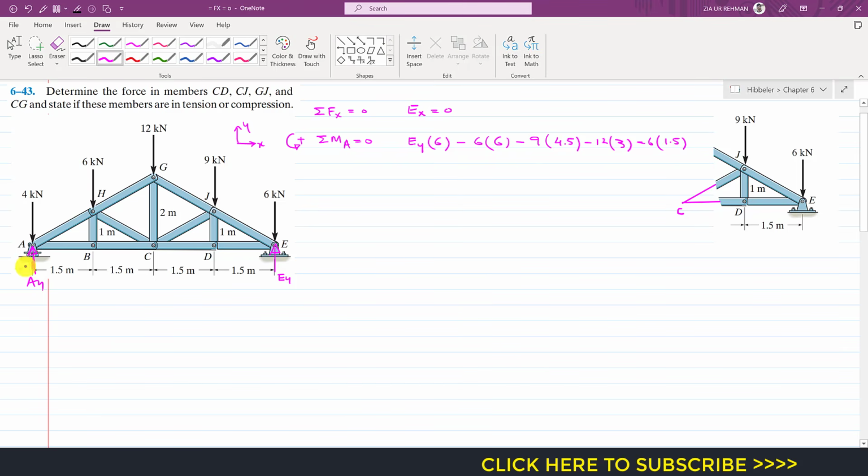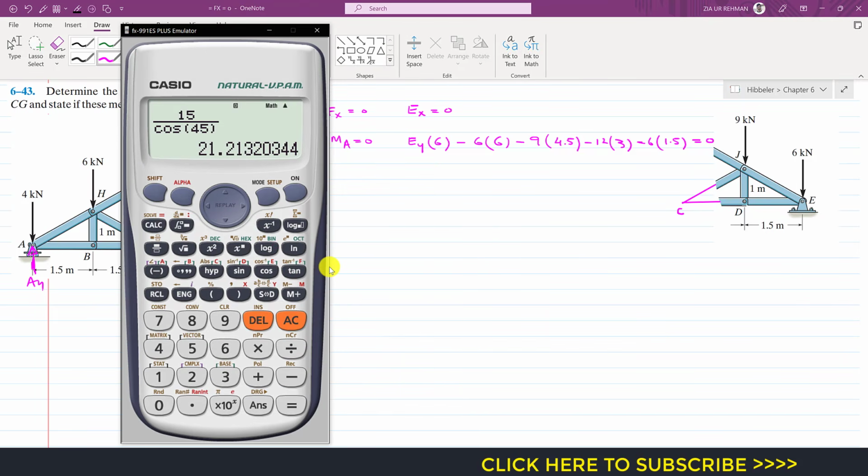And this 4 kilonewton force and this Ay, since they are passing through point A, are not going to produce moment about point A. So this will be equal to 0. Now if we bring all these terms to the other side of the equation, they will become positive.